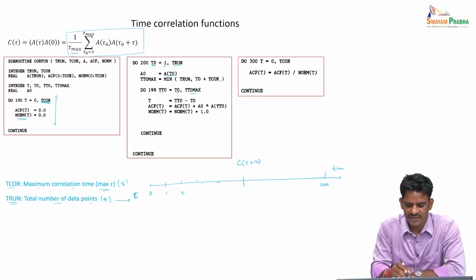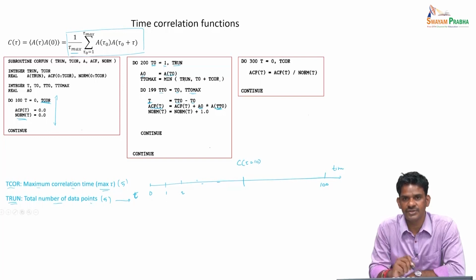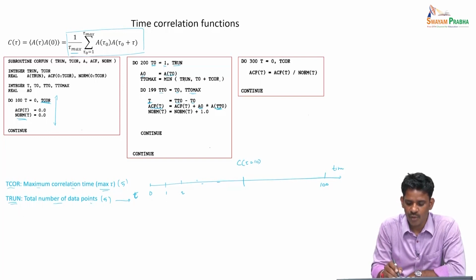Then it calculates the delay time tau, which is t minus t naught, and we calculate this autocorrelation function by taking A at t naught and multiplying with A at a delay time of t. And then this is getting added up, and how many times we do this averaging is coded in the norm t.